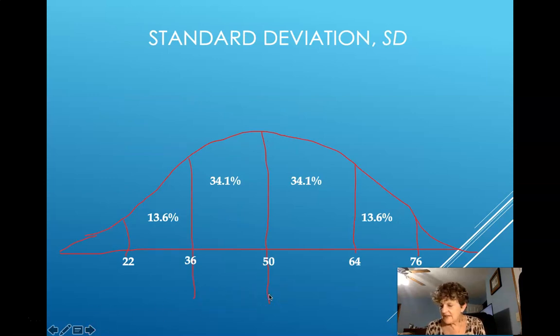The standard deviation is 14, remember, so 50 minus 14 takes you to 36. 36 minus 14 takes you to 22, and you go the other direction. 50 plus 14 is 64, and 64 plus 14 is 78. This gives you your percentiles.